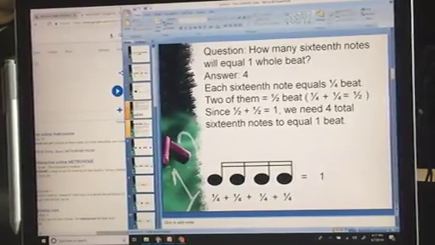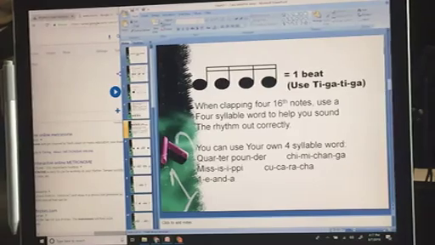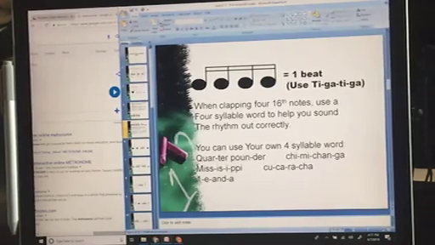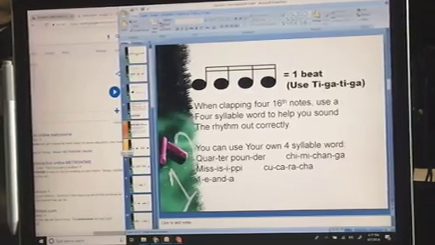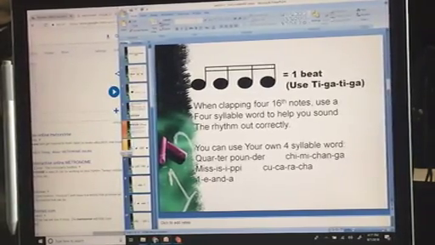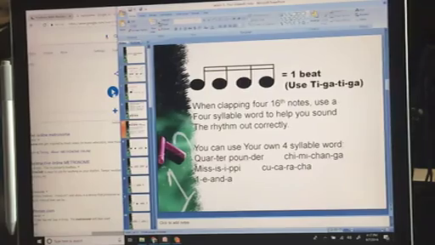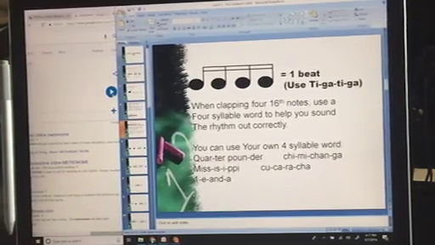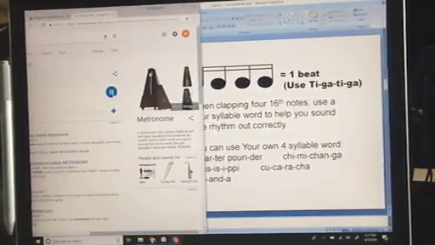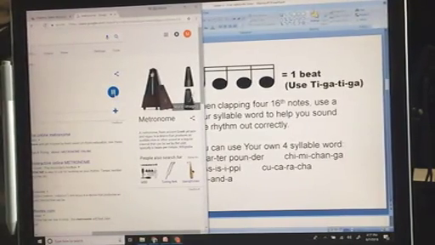Now that can get a little confusing because when it's time to learn how to clap these, you have to understand that you have to clap these faster than you did for 1/8 notes when you're trying to clap them all within the click and the space in between the click.